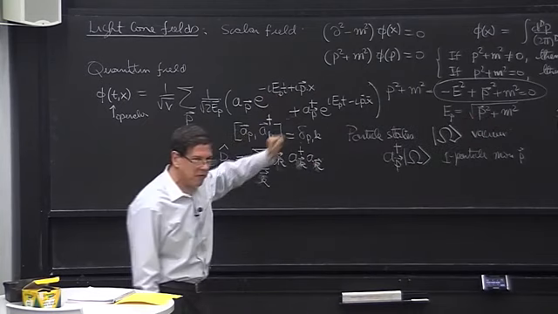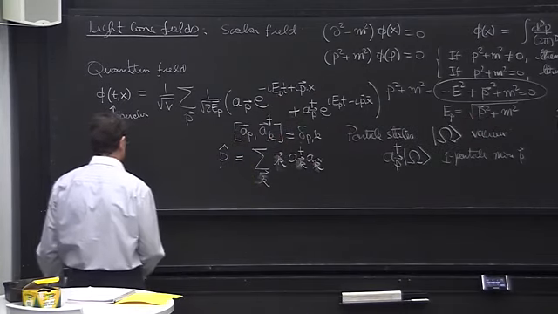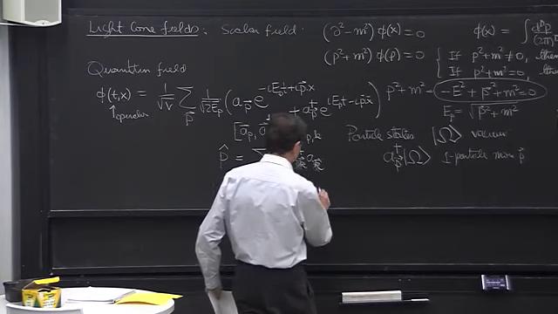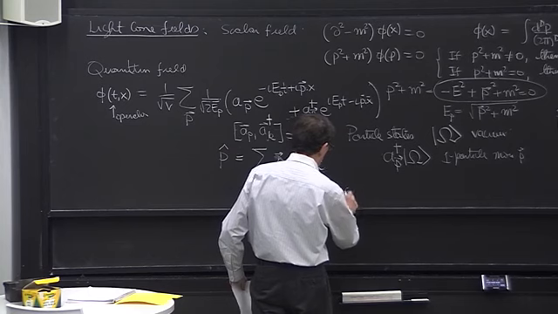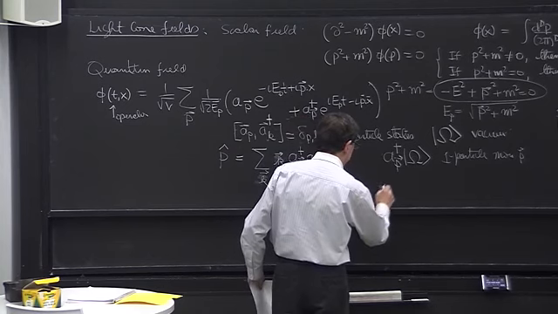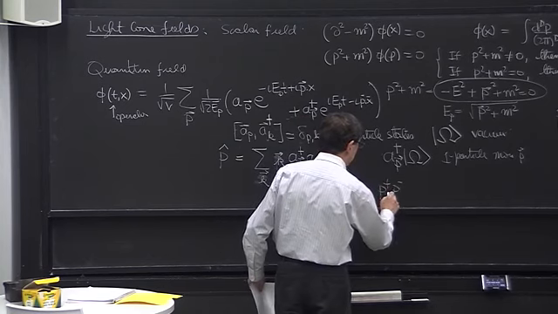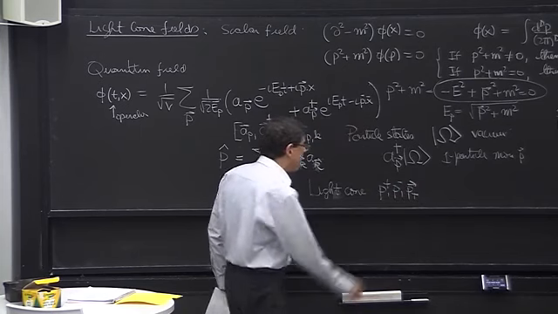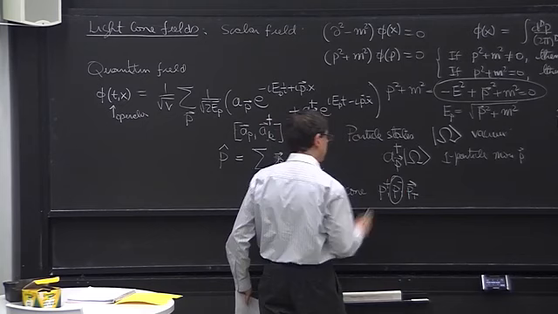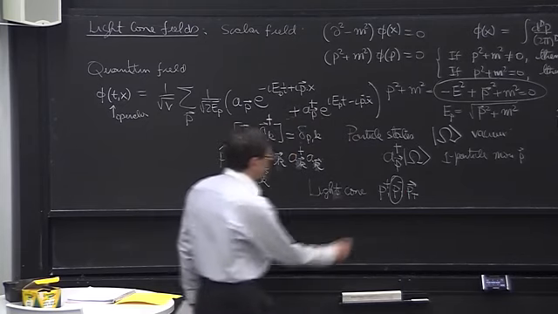That's how you write your field. If you would be doing this in the light cone, you have momenta P plus, P minus, and P transverse. Well, the energy is this one. This is the energy, P minus.